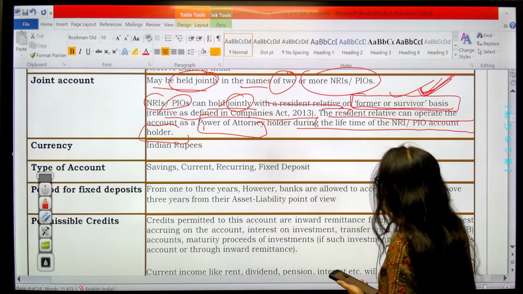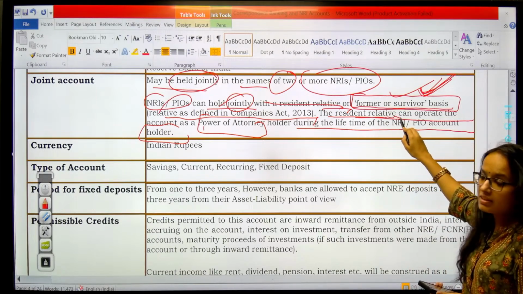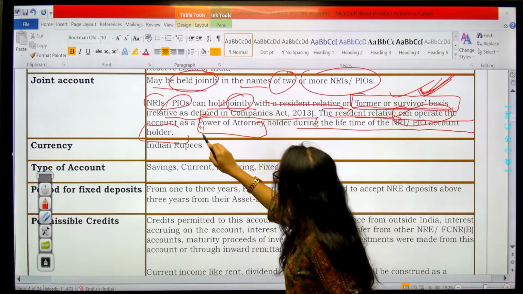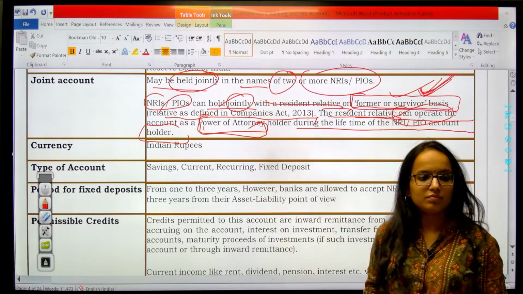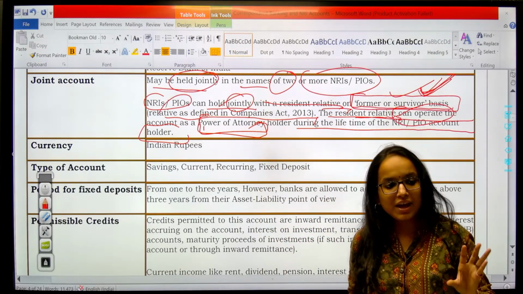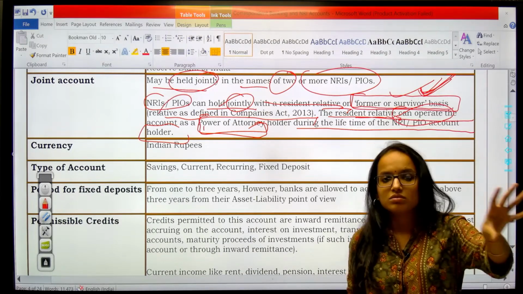It is written clearly here that the resident relative can operate the account as a power of attorney. What is power of attorney? Power of attorney means you have a representative to work from your side.